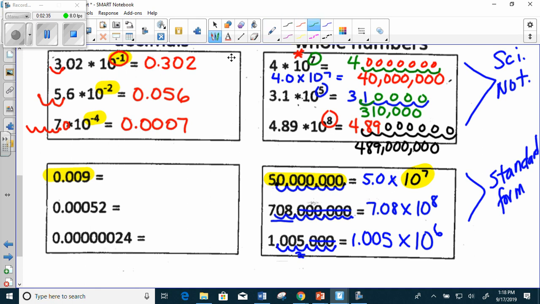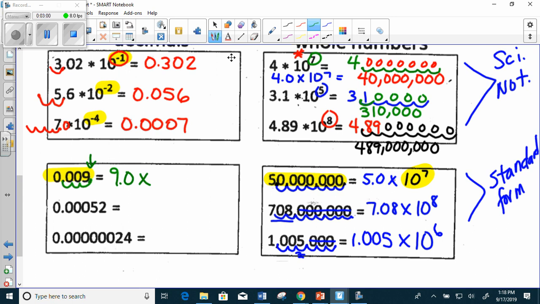All right, so this one, look where the decimal is. When I want to change it to scientific notation, I'm going to move the decimal 1, 2, 3 places. Remember, the decimal has to go behind that first number. That's one of the rules. So we know that it's 9, or you can say 9.0.